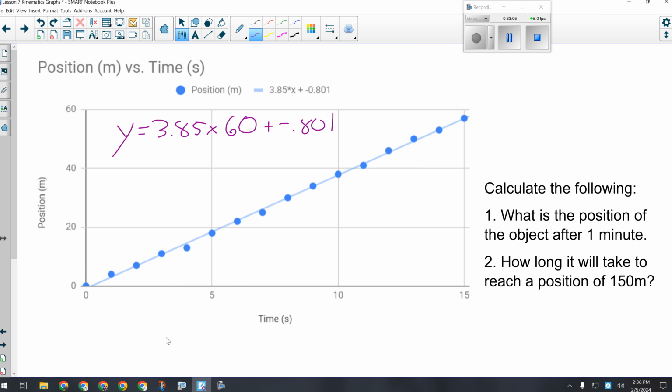Okay, and then for number 2, how long it'll take to reach a position of 150 meters means taking y equals m times x plus b and solving for x. So that'll be y minus b divided by m. So that'll be 150 minus negative 0.801, divided by 3.85.